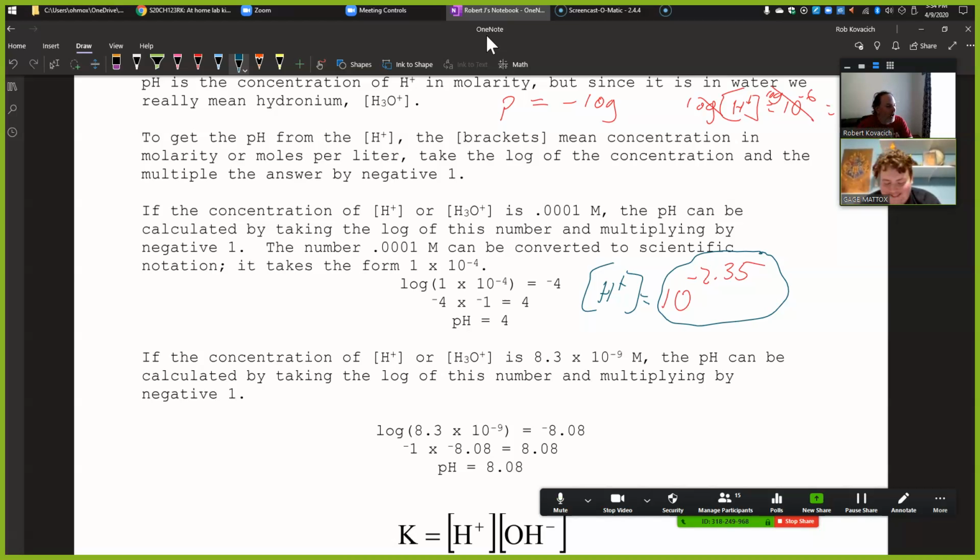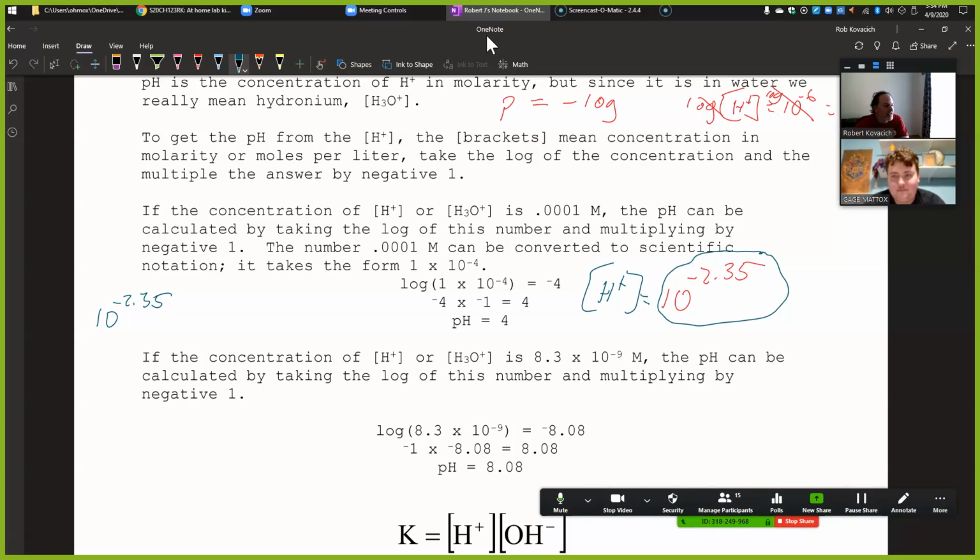So when it's actually in this format, it's even easier. When it's written as a decimal with a negative up here, tell me what this number would be in regular scientific notation. So I've got 10 to the negative 2.35. Would it then be 0.00235? No, it is not, because it's a decimal exponent.